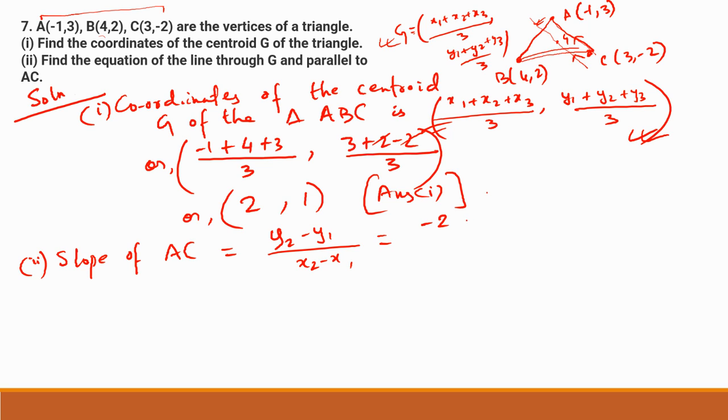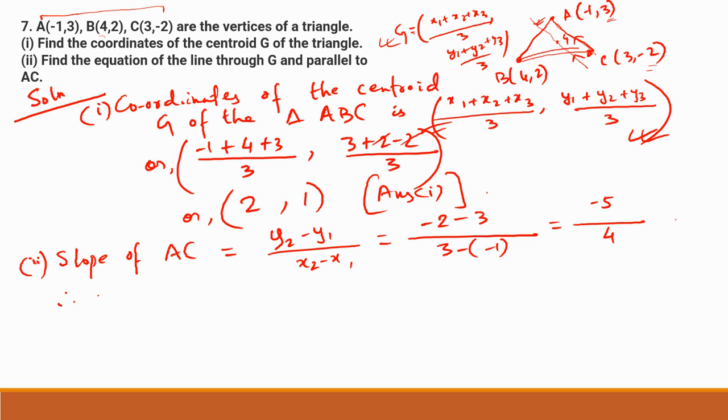Even if you don't want to explain what y1 and x1 are, that is fine. You just write y2 minus y1 over x2 minus x1, because he will understand. y2 is minus 2, y1 is minus 3, x2 is 3, x1 is minus 1. So this is minus 5 by 4. So you got the slope of AC as minus 5 by 4.